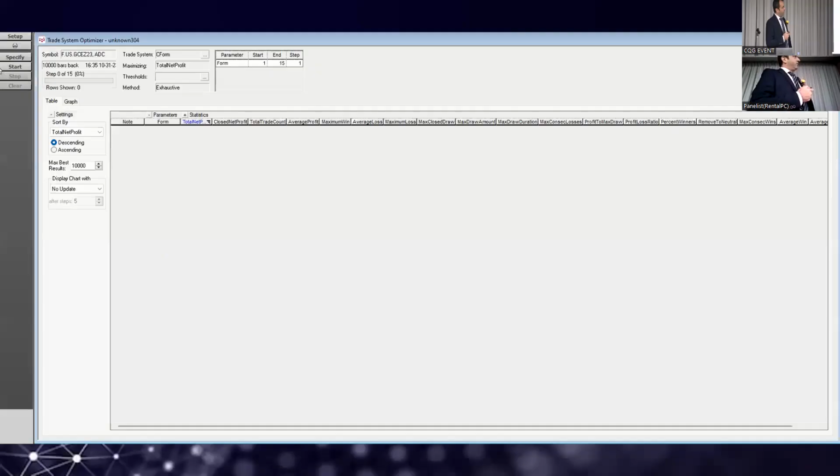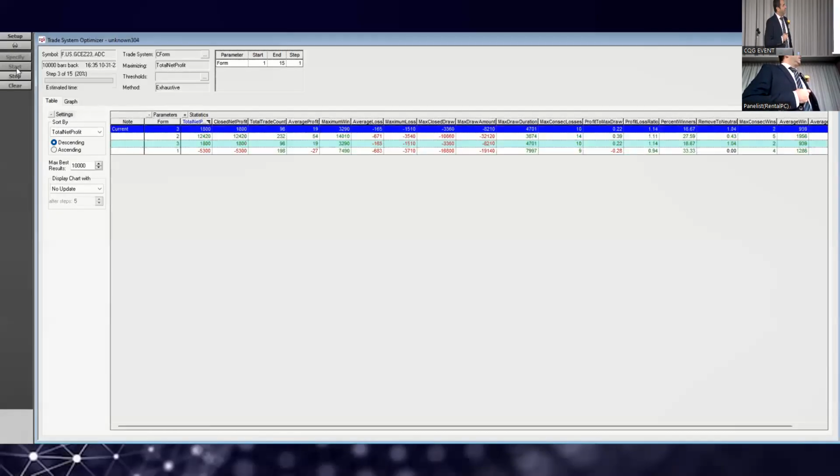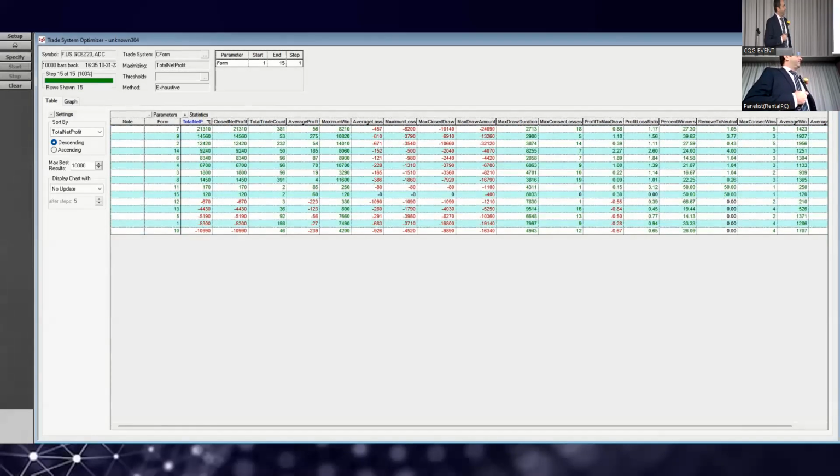When we move on to here, we created a strategy and we'll run it through an optimizer that will try to find which one works best over a certain number of bars.